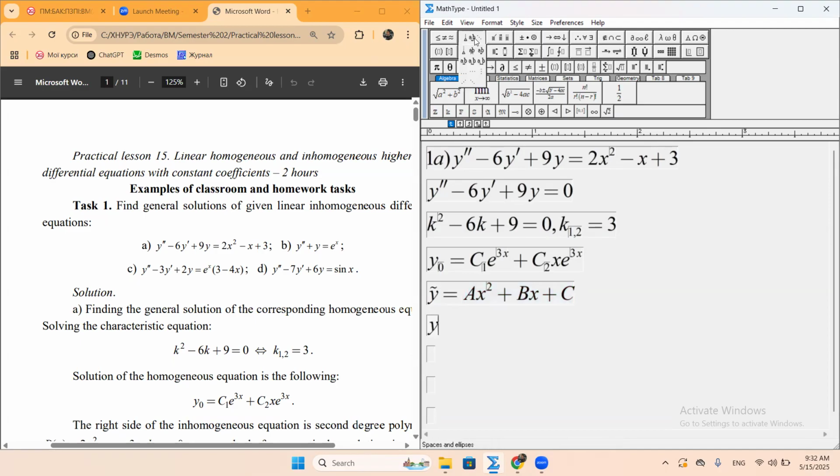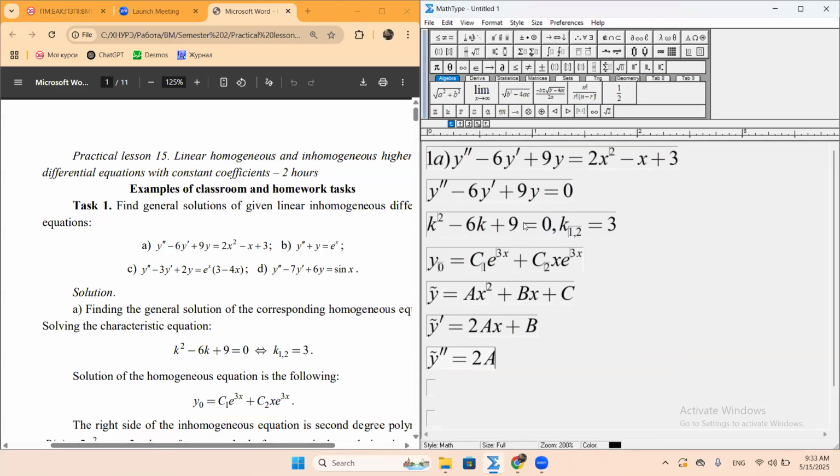First, let us differentiate it. y partial prime equals 2ax plus b, and y partial double prime equals 2a.